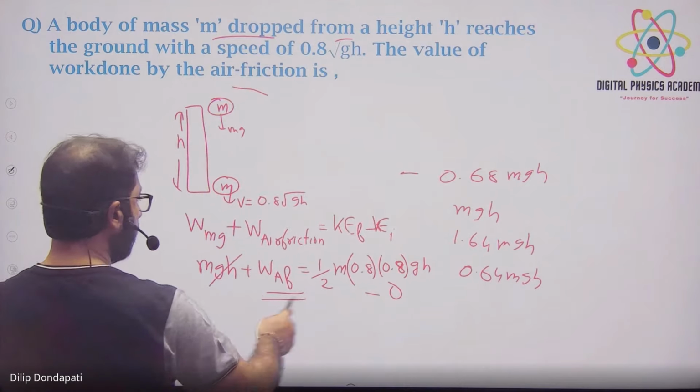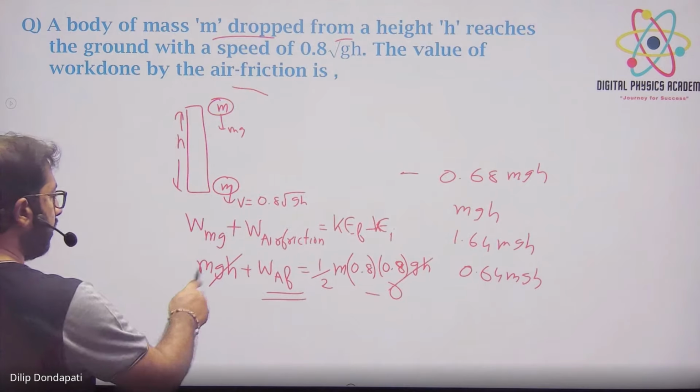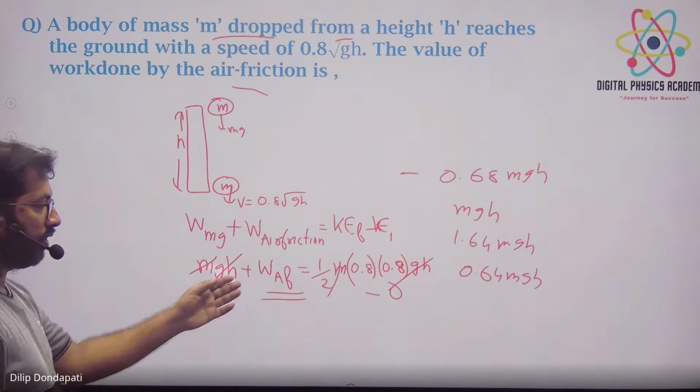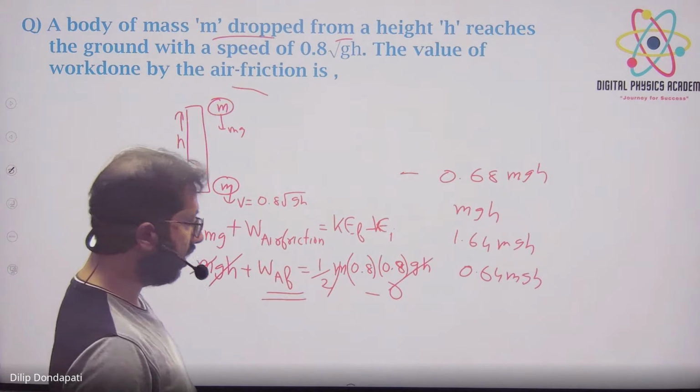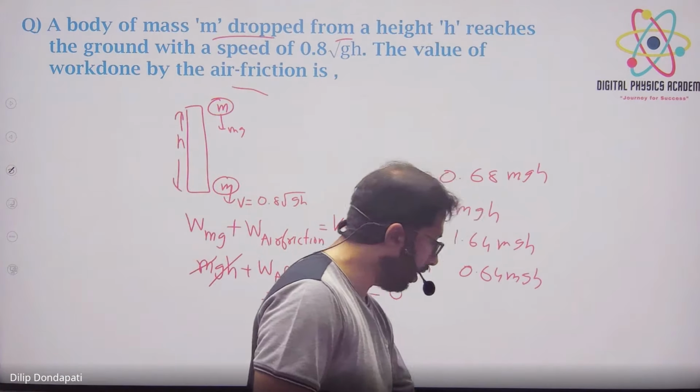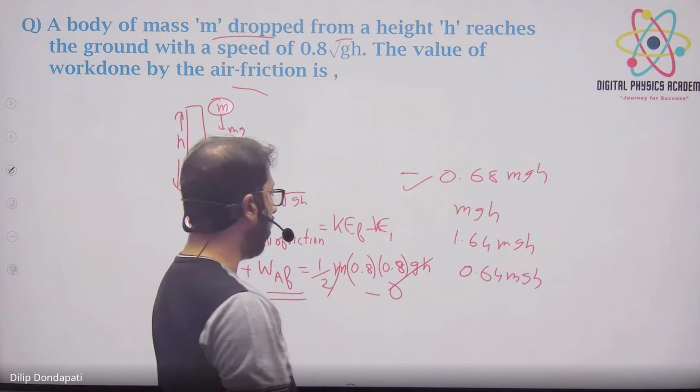देखो यार, gh cancel, m cancel. Now find work done by air friction. So the correct answer is minus 0.68 mgh.